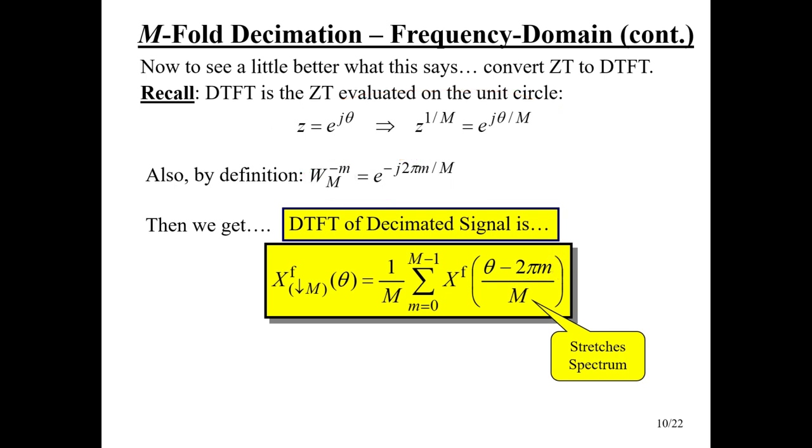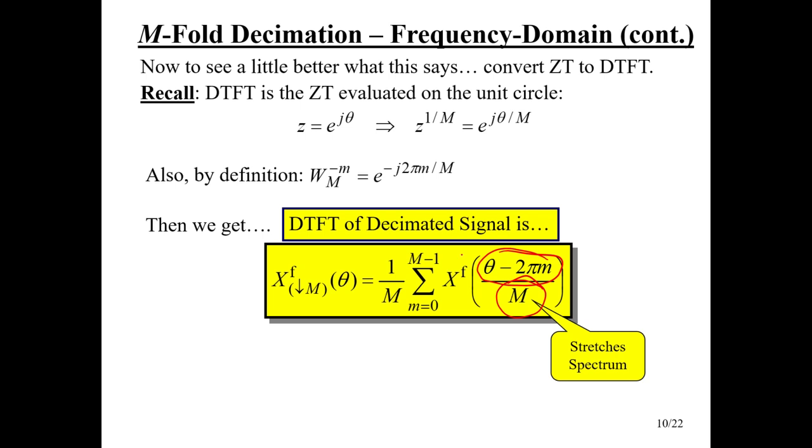Okay, so without going through the details, you can try to work them out yourself, or you can just be trusting at this point. This is not a course on the details of multi-rate signal processing. We're just trying to get to a point where we can use these results, so believe it, okay? But let's look at what this does. This capital M down here stretches the spectrum, and this machinery shifts those stretched spectra.